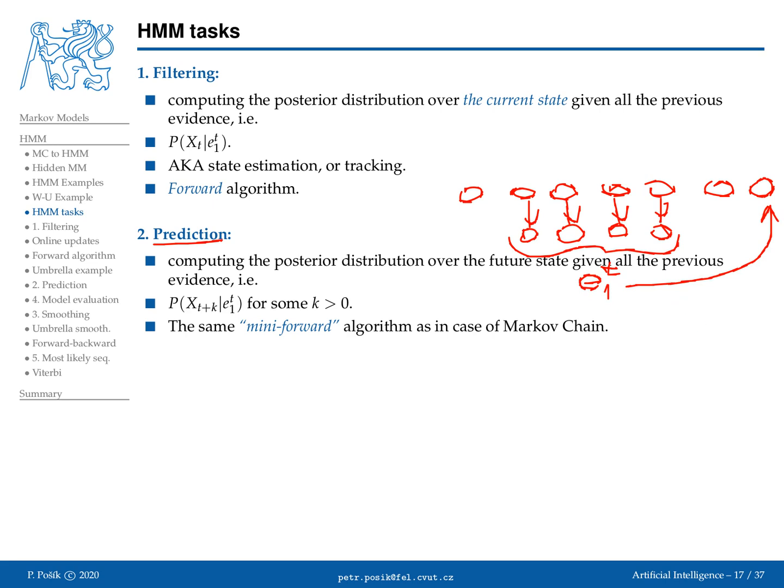And you will see that it's a very simple thing: you will first apply filtering to estimate the current state, and then you will apply the mini forward algorithm that takes into account only the transition probabilities, and you will just advance to this state. So that's very simple, two parts, and we will know both of them at the point when we implement it.